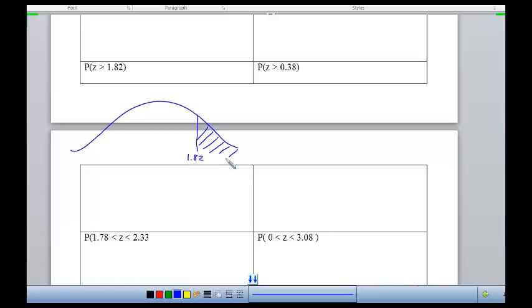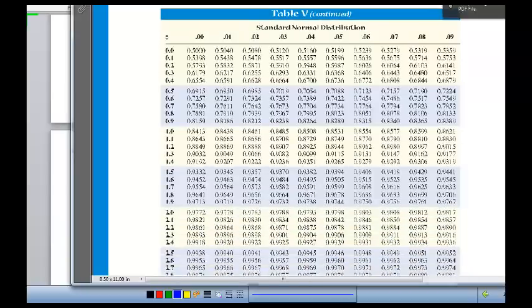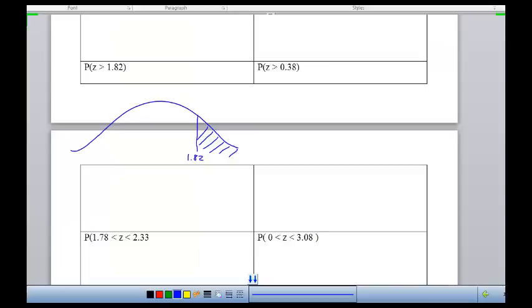If I look up 1.82 in table 2, I'm going to come down to 1.8. We're going to go beneath that 0.02 heading. I see 0.9656. That describes which portion of my chart?